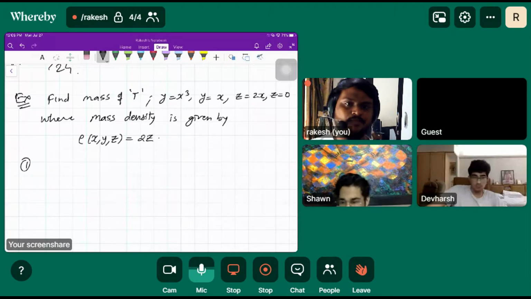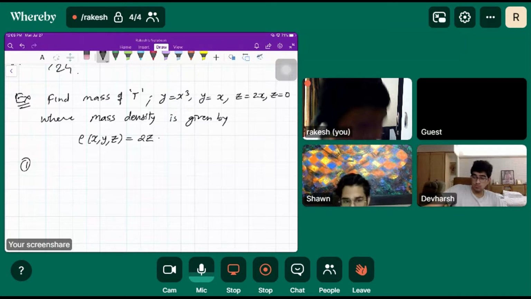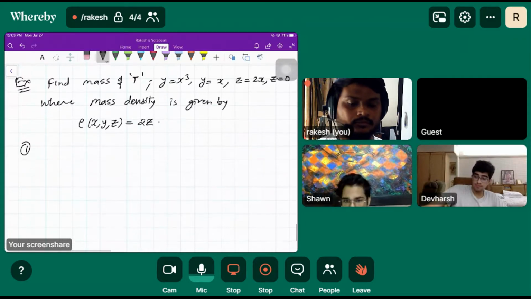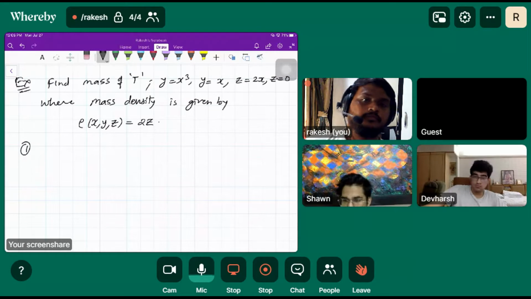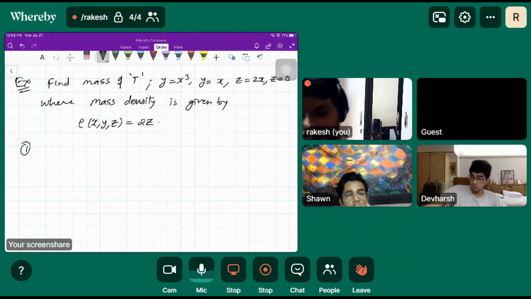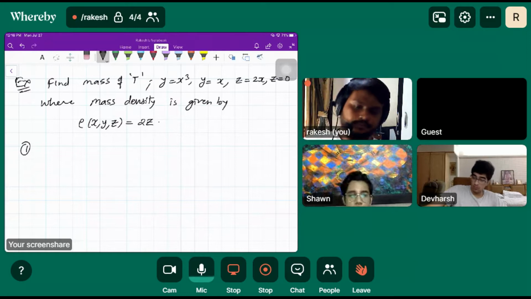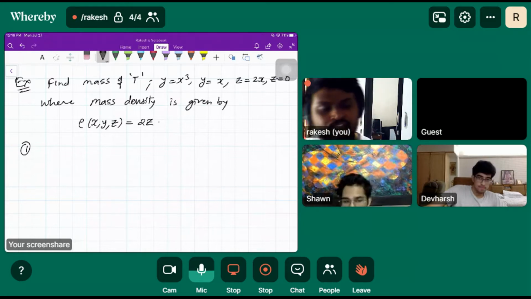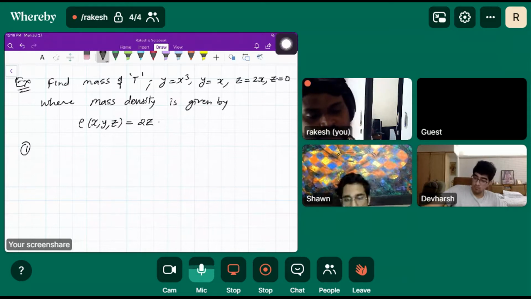Will you go for z simple, y simple, or x simple? But just look at the given functions here.